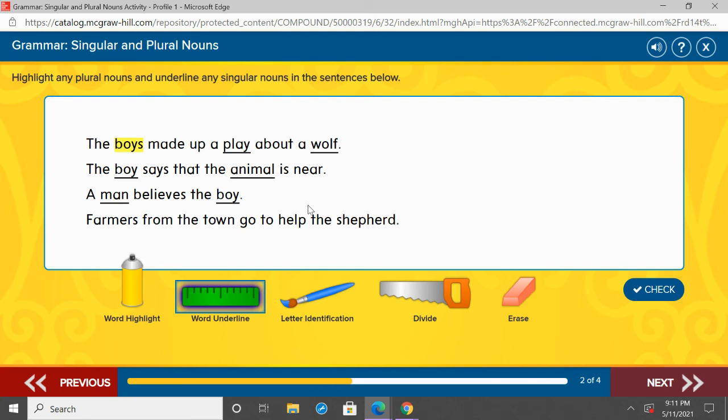Shout out yes or no. Yeah, we do. We have a noun that's talking about more than one. Can you point to that noun for me? Good, you should have pointed to farmers. We're talking about more than one farmer, farmers. So go ahead and point to our other two nouns that are singular. Should be town and shepherd.